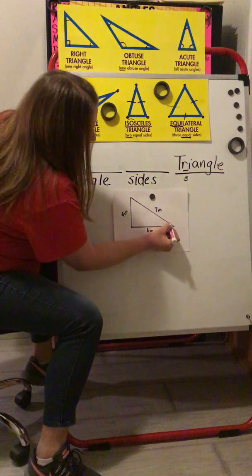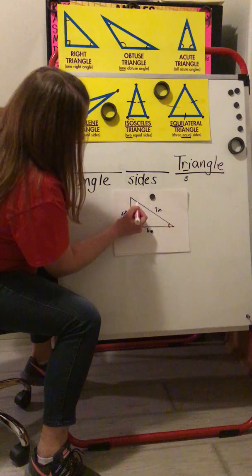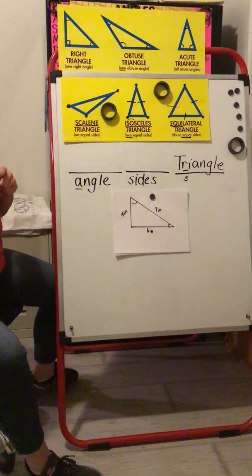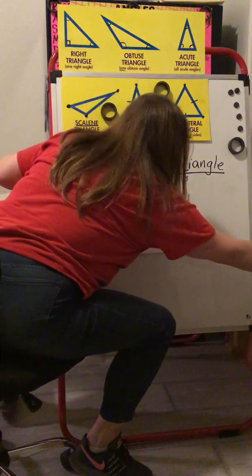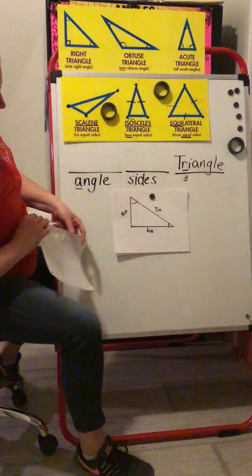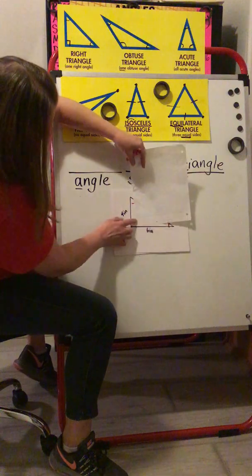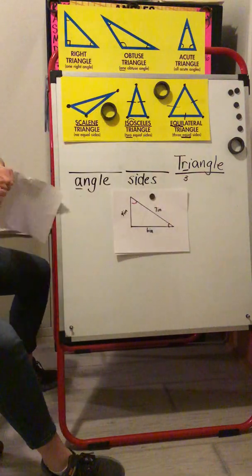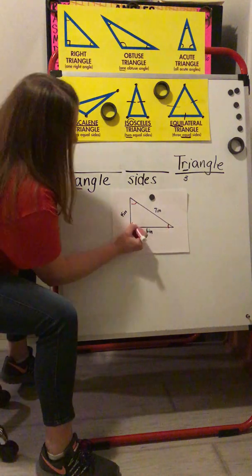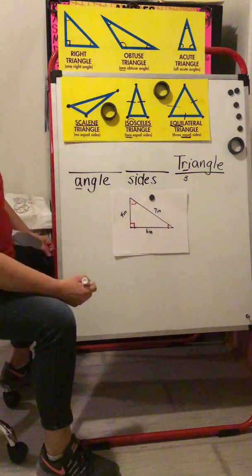I'm thinking that this angle and that one look pretty tiny. Those look like acute angles to me. Now this one, I want to check. I want to see if that's a right angle or not. Let's see. Oh, yep, it makes the perfect corner. So I have a right angle right here. That is a right angle.